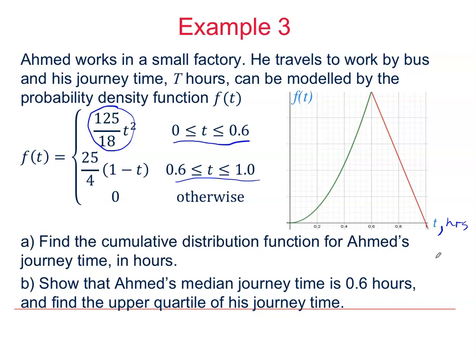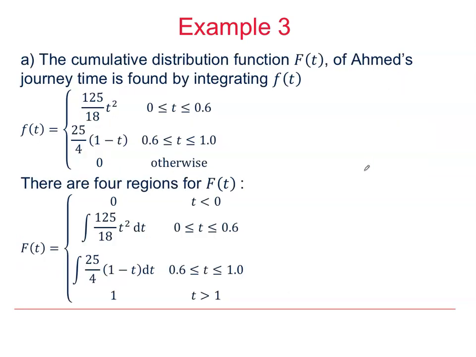The first thing we have to do is to find the cumulative distribution function for Ahmed's journey time. In order to derive the cumulative distribution function, we will need to integrate each of these sections of the PDF.